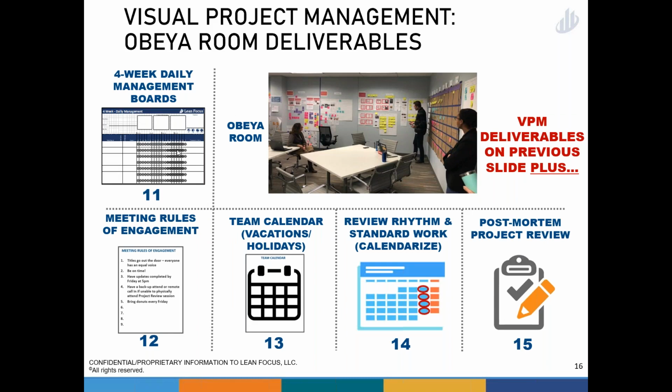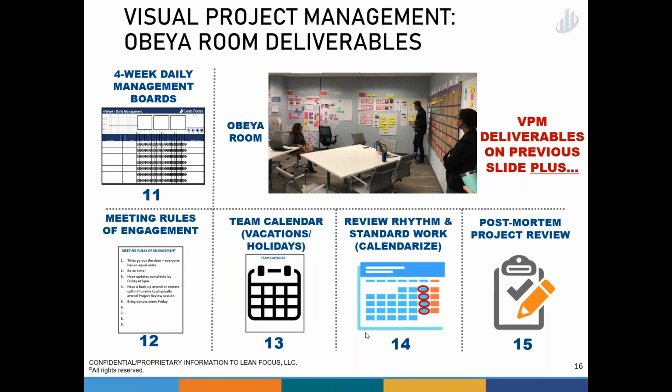Then we have our 4-week daily management boards, breaking that down. And here you can start to see what this looks like in practice in an Obeya room, right? So everything from a detailed project plan, and a lot of times you can see this wrap around the room, to what's going on and who owns what, right? Any rules of engagement, a calendar noting vacations and holidays and things of that nature built into it so that we're not surprised when somebody takes a week off.